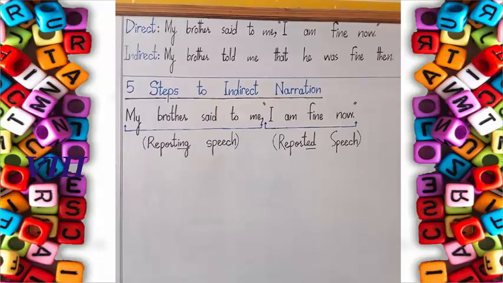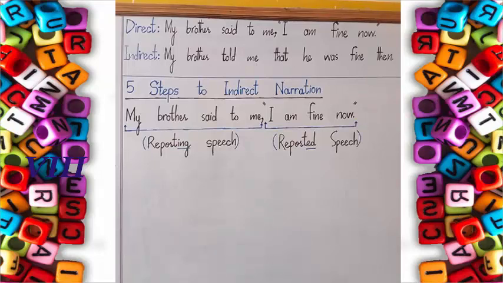Now here you see 5 steps to indirect narration. I will tell you all 5 steps one by one, but before that, I will tell you that if there is a direct narration sentence like the one written on the board, my brother said to me, I am fine now, we have 2 parts of this one sentence.